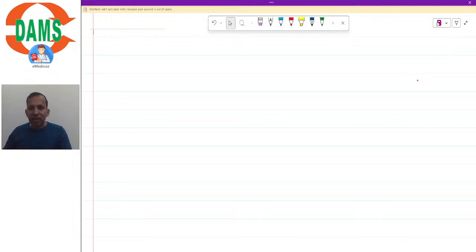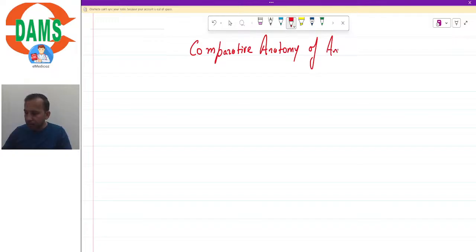So in today's class we will be discussing the comparative anatomy of anterior teeth. We will be comparing these teeth with each other.